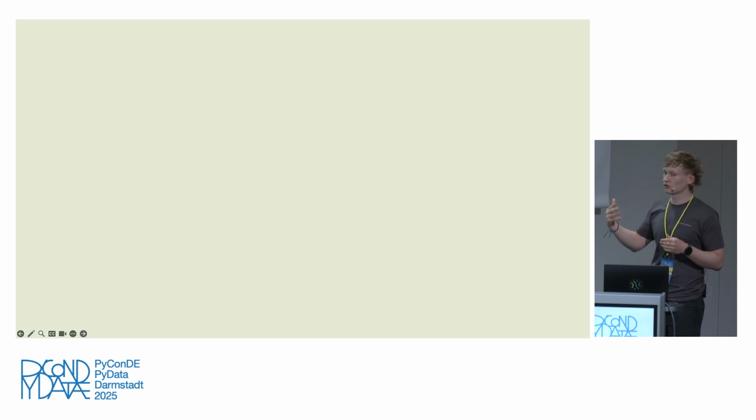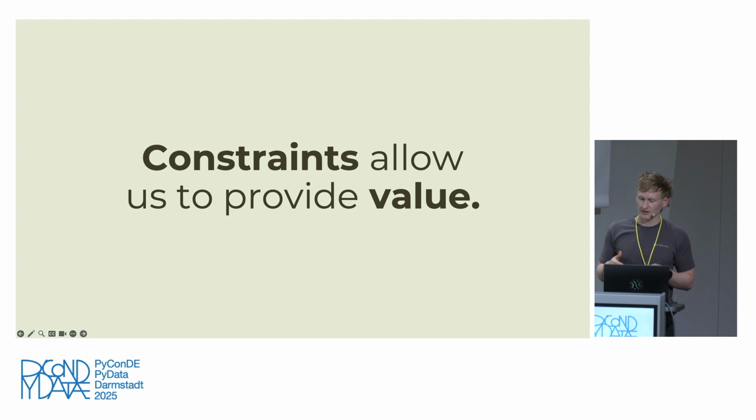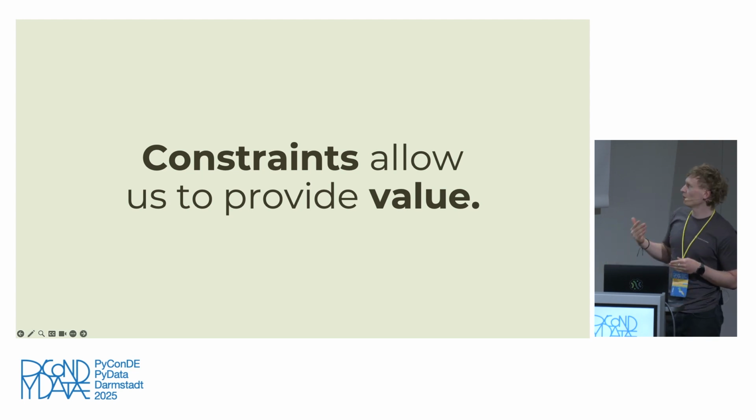You cannot do more. You are not even allowed to do outbound HTTP. We could enable this, but we have not. So it's a very constrained world, but operating in this constrained world allows us to provide value, because we can build nice abstractions on top of it.